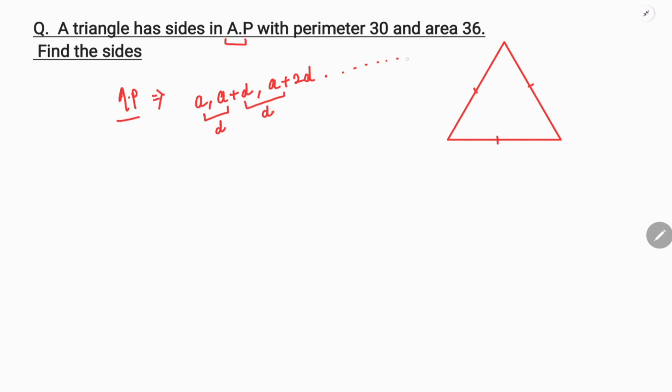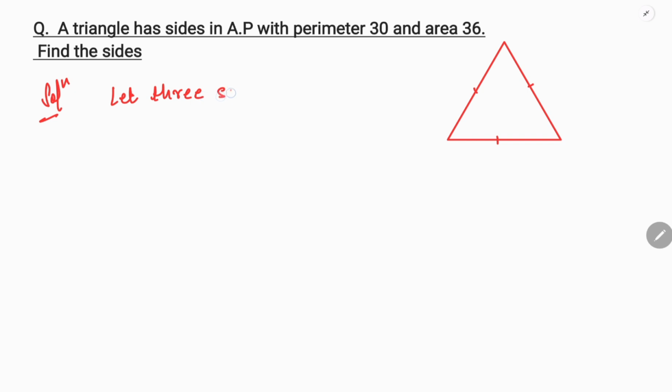Usually whenever they tell us that a triangle has three sides and that the three sides are in AP, what do we take? Solution: let the three sides of the triangle be, we will not take a, a plus d, a plus 2d.